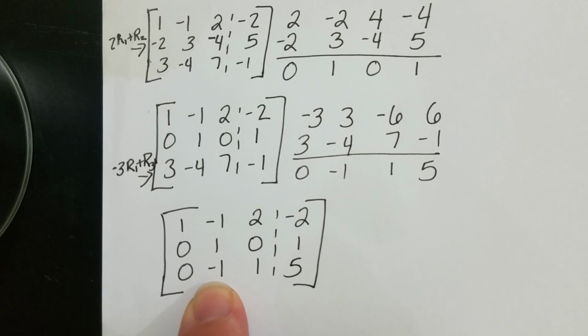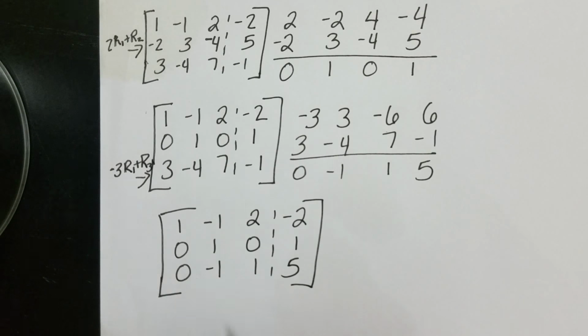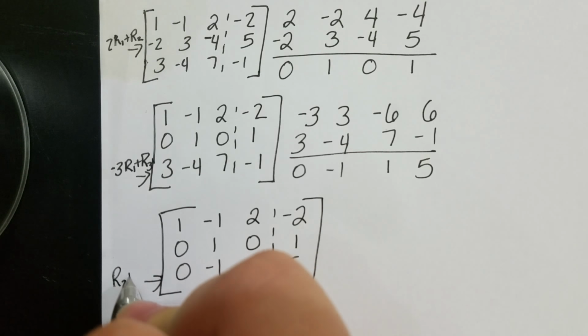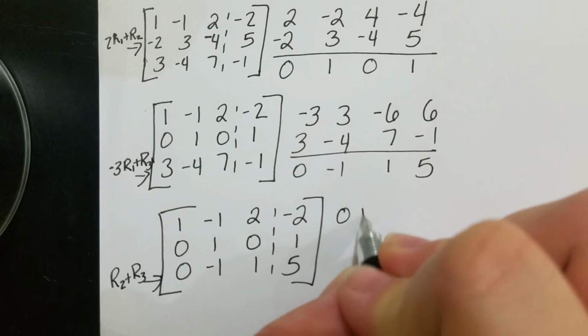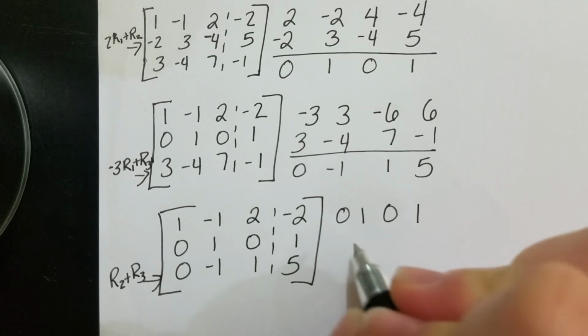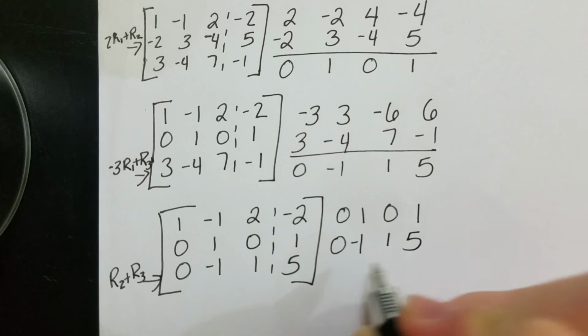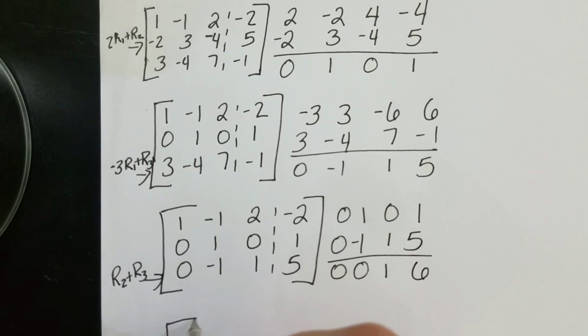All right, this I need to get rid of, so I'm realizing these will just cancel if I add them together. So that's what I'm going to do. I'm going to do row 2 plus row 3. So go ahead and write that off to the side. So 0, 0, 1, 6. So first row stays the same.